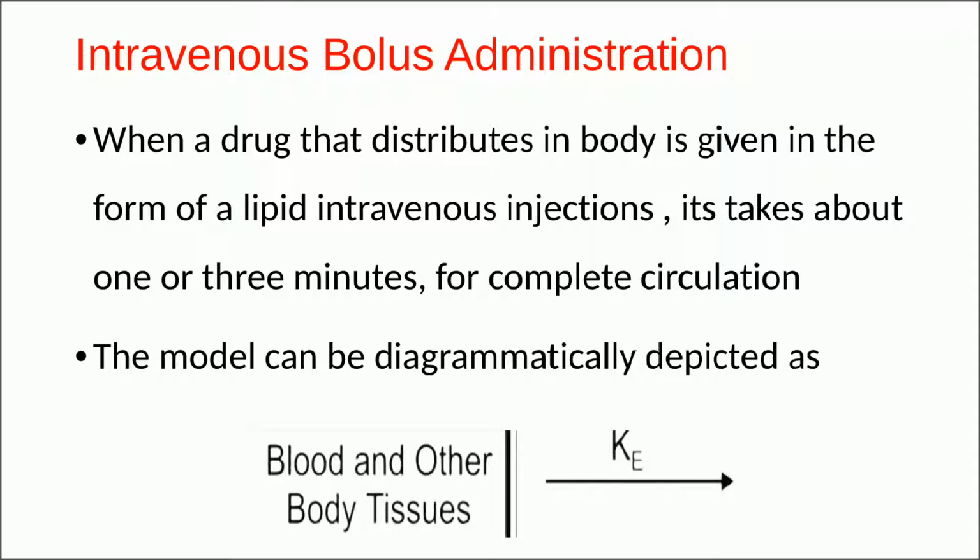The model can be diagrammatically depicted as you can see here, the blood and the other body tissues, and then there is a semi-permeable membrane kind of barrier which is available in the body, and from there the drug is excreted out from the body. So Ke stands for the excretion constant for the drug.